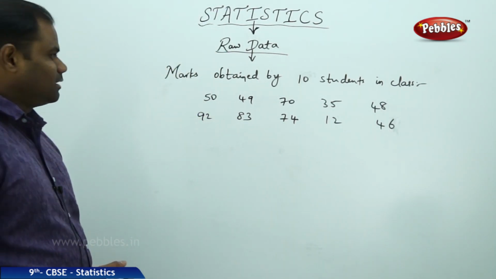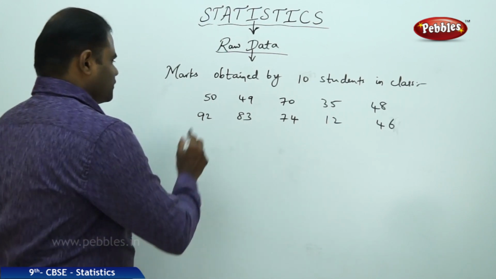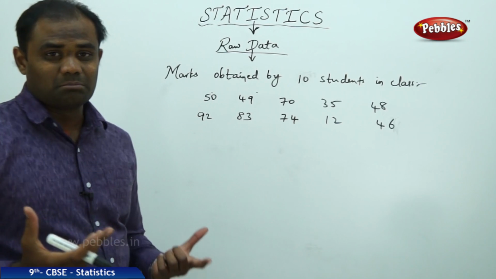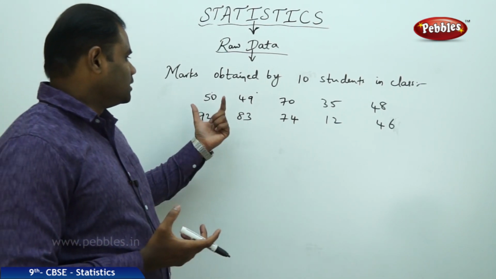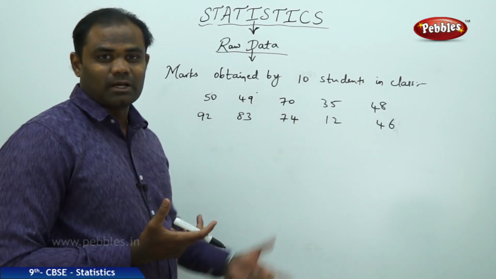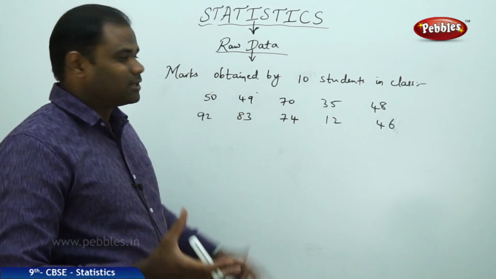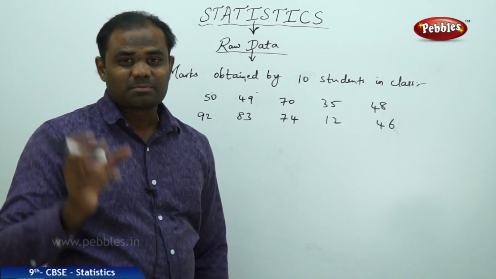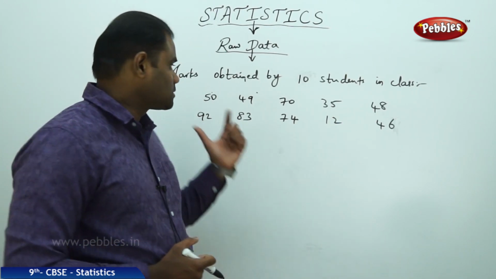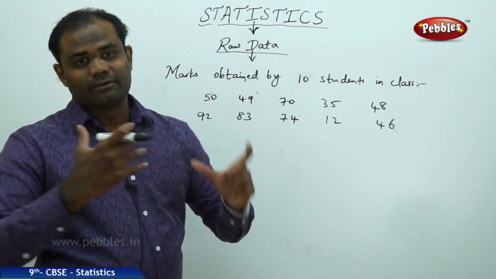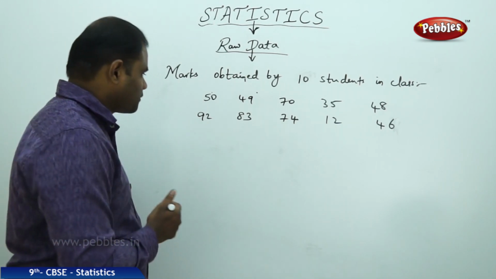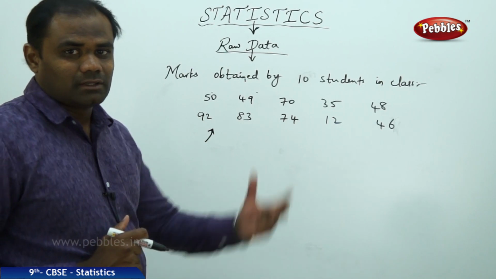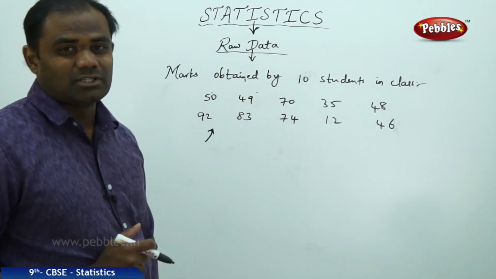So here I have the marks of 10 different students, but it doesn't give me complete information that a particular student got these marks. It just gives me rough data about marks obtained by 10 students in the class, but not specifically listed out with the names and the students' marks differentiated. Such a kind of data which does not have a specific representation is called raw data.